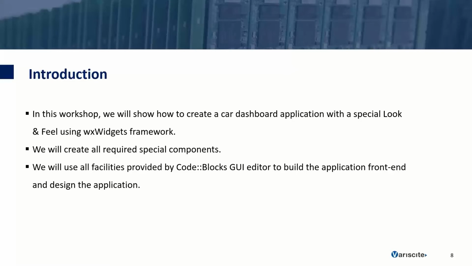We will still use the wxWidgets framework, but we will create all the required special components that are not available by default in the framework, so we will create them on our own. We will use all the facilities provided by Code::Blocks and the GUI editor, and we will build the front end and design the application.